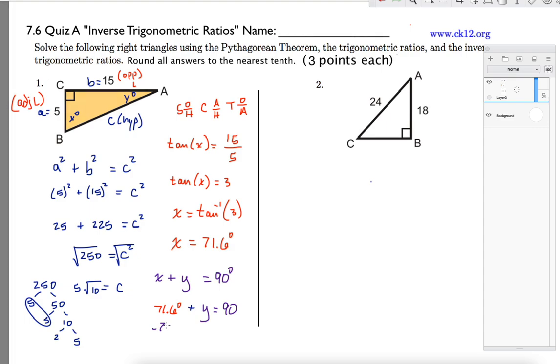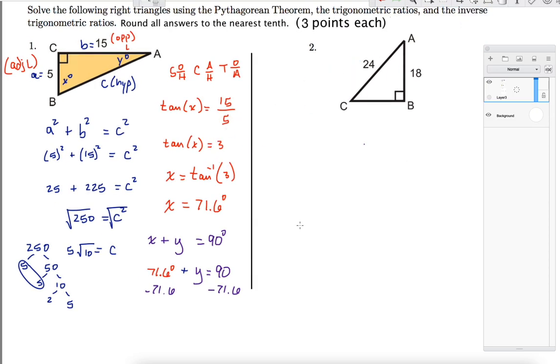I subtract 71.6 from both sides, and I get y equals 90 minus 71.6, which is 18.4 degrees. So now I have all three pieces of information that we were missing in this triangle.